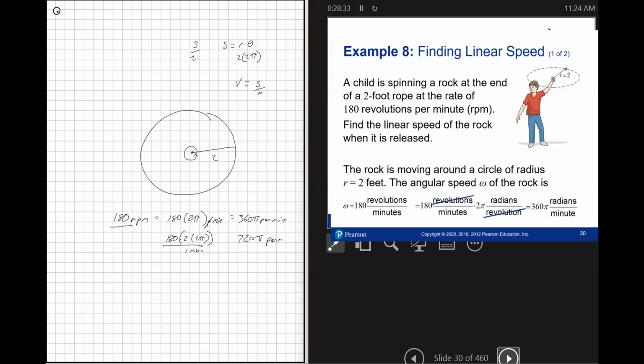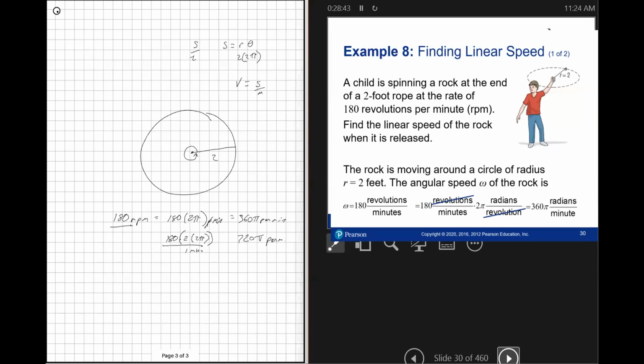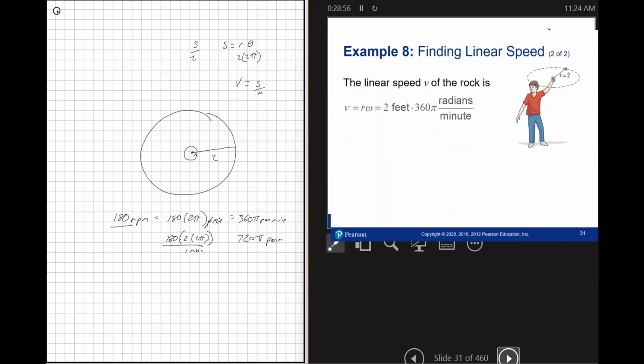That's the speed. Oh, okay. And so that gives us the angular velocity. Yeah, what I calculated here was angular velocity. And so the linear speed of the rock is r times the angular speed, which is what I did. Okay. And then they multiplied it out and rounded to the nearest whole number.